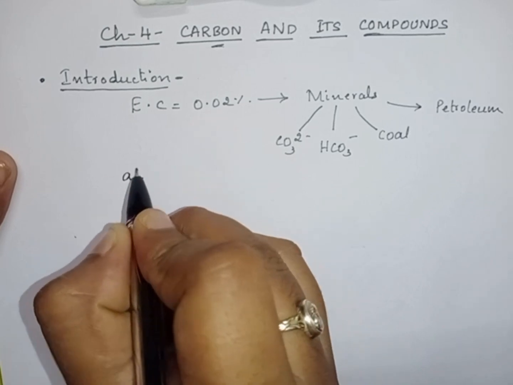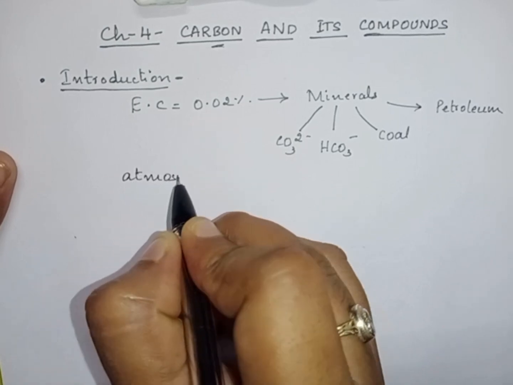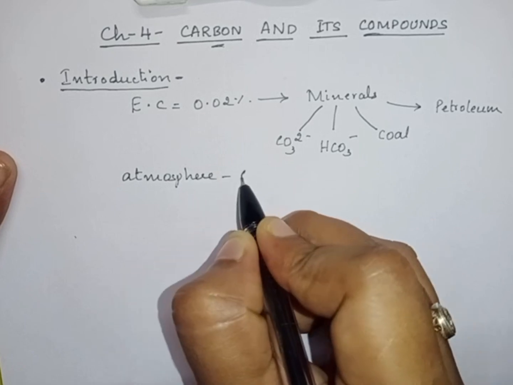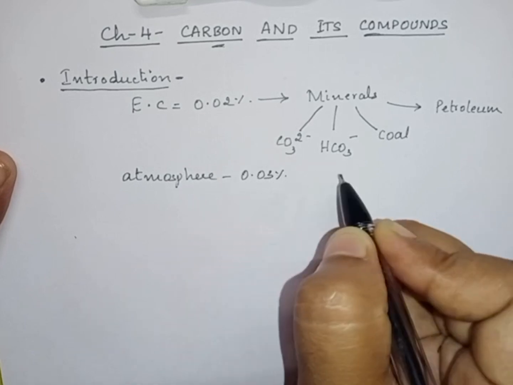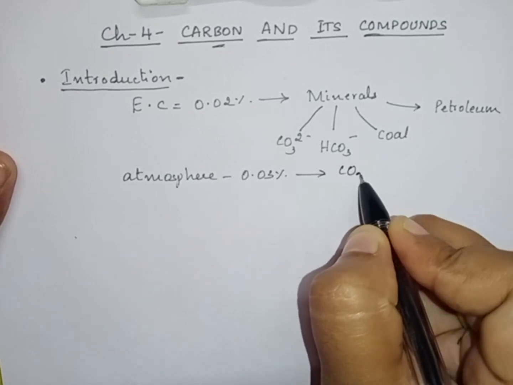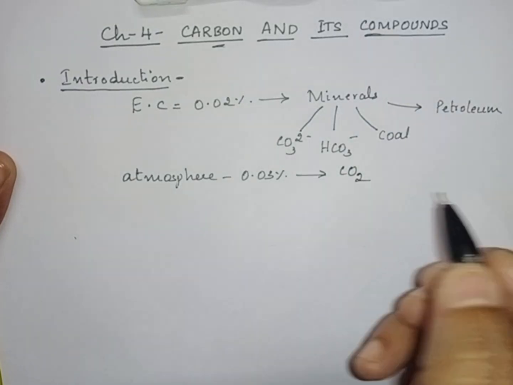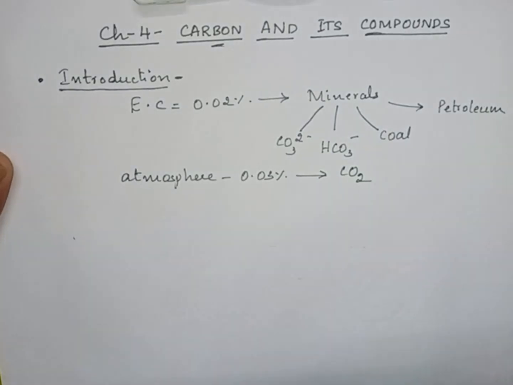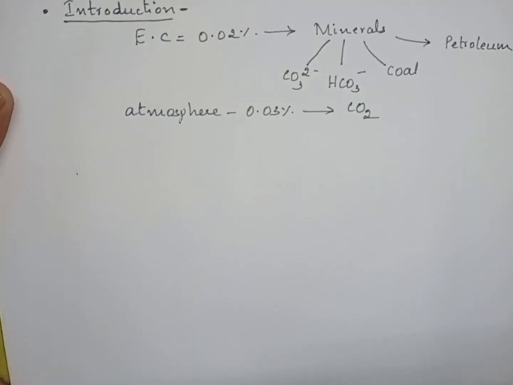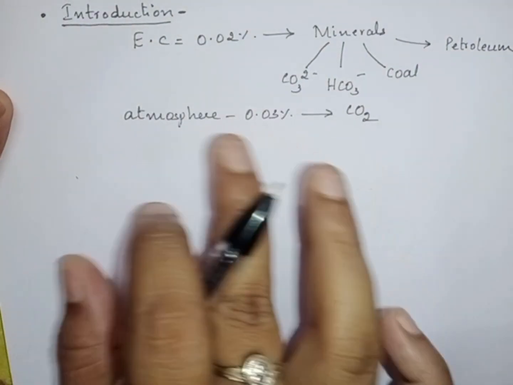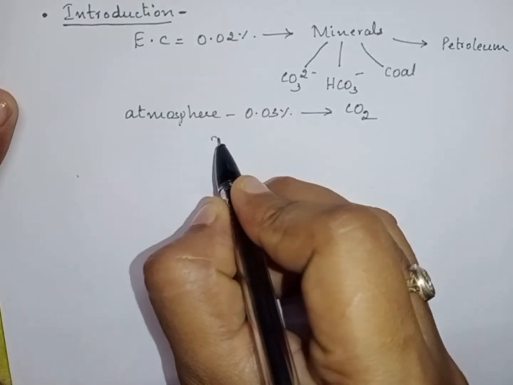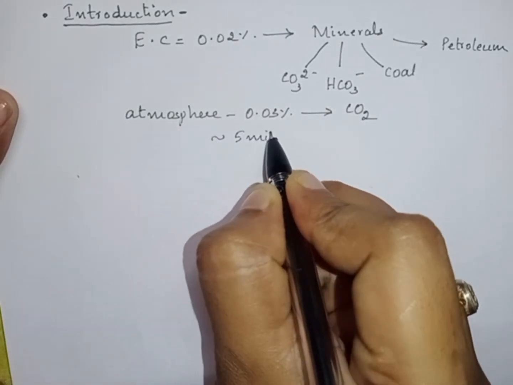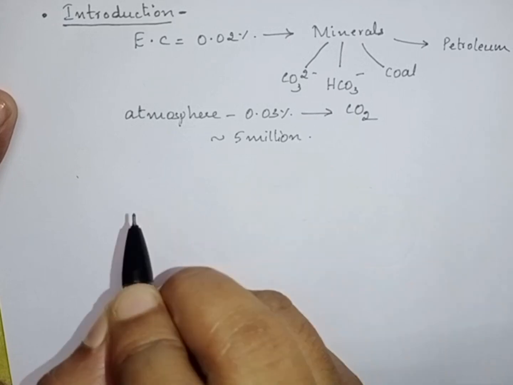Next, in the atmosphere, only 0.03% of the carbon is present, that too in the form of carbon dioxide. See, so small a percentage of carbon is present in the entire earth crust and atmosphere, and even so, nearly 5 million carbon containing compounds are formed.